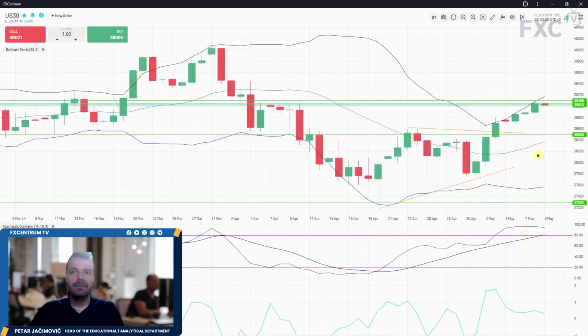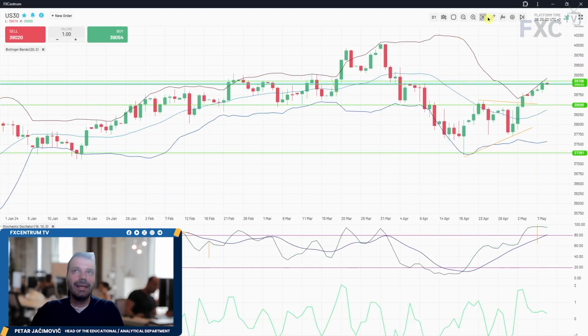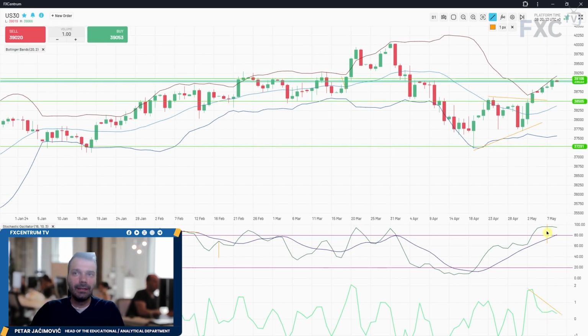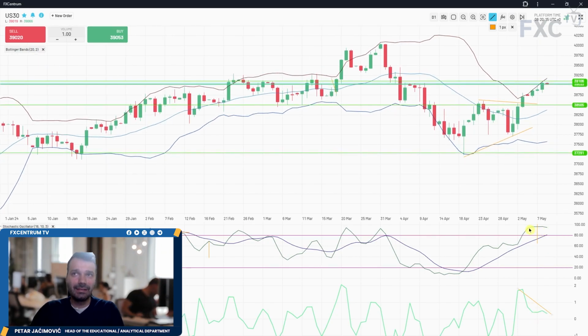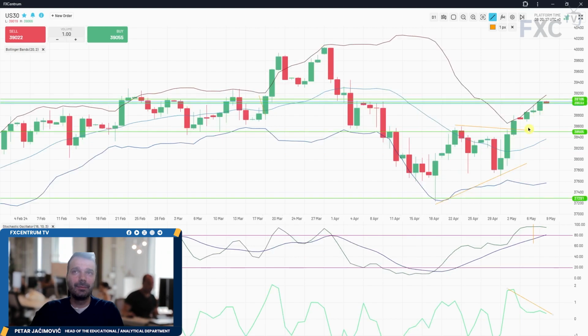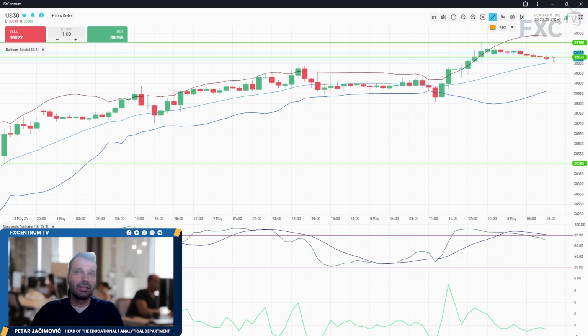Now US30. Again, on US30, you can see the rate of change. There's a clear bear divergence. I mean, the market is making higher highs and also making lower highs in the indicator. And now there is this gap between the fast and slow line. We're at the upper Bollinger Band at this point, so there will be a chance for potential downside movement.